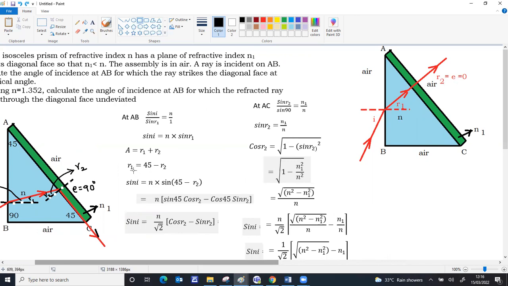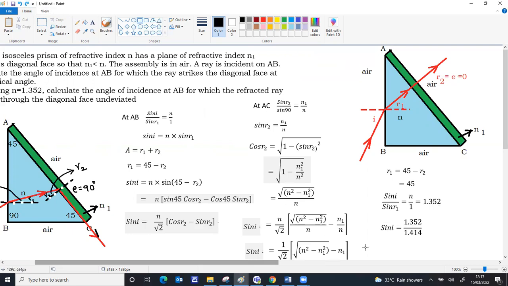We already have the result R1 equal to 45 minus R2 for all cases of this particular prism. So R2 is 0 means R1 will be 45 directly. With R1 as 45 and n known, you can find I using Snell's law. So sin I by sin R1 is n by 1, and n is 1.352, which they already gave.